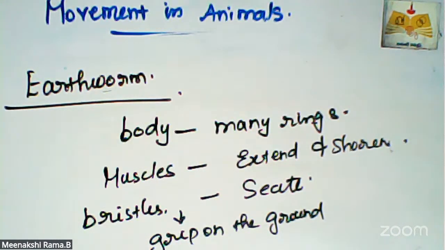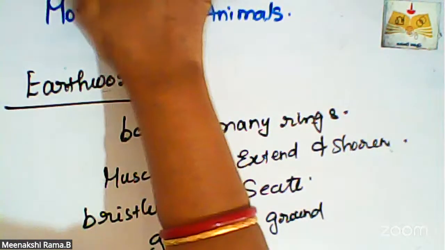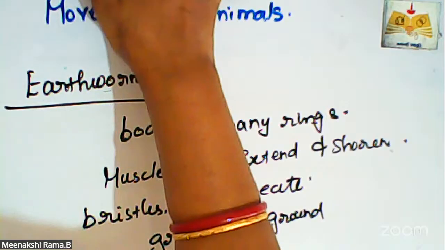So in this movement, the earthworm must first extend the front part of the body, keeping the rear portion fixed to the ground. Then it fixes the front and releases the rear end. I'm going to share the picture of that movement.